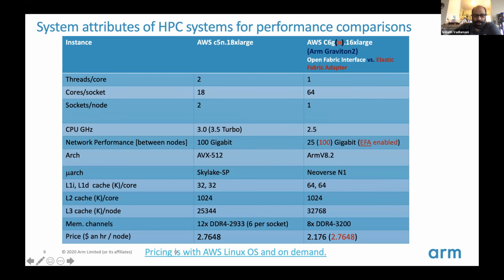The bottom link is available for everybody. Just click on that, and it will take you directly to the pricing for the AWS Linux OS, and this is the on-demand pricing. So this is when you just spin it up and haven't previously reserved time on their systems or done any other type of speculation.